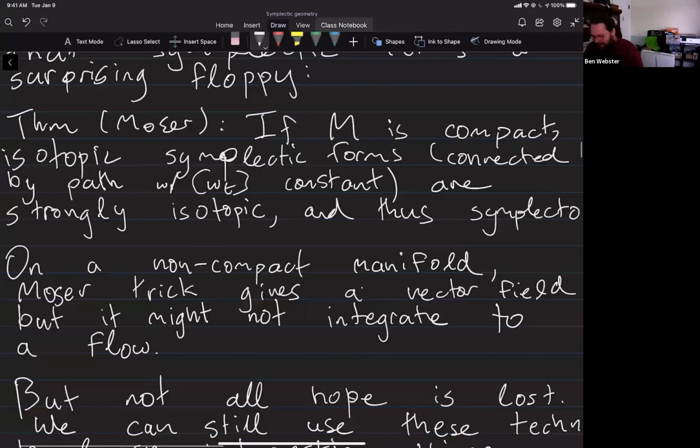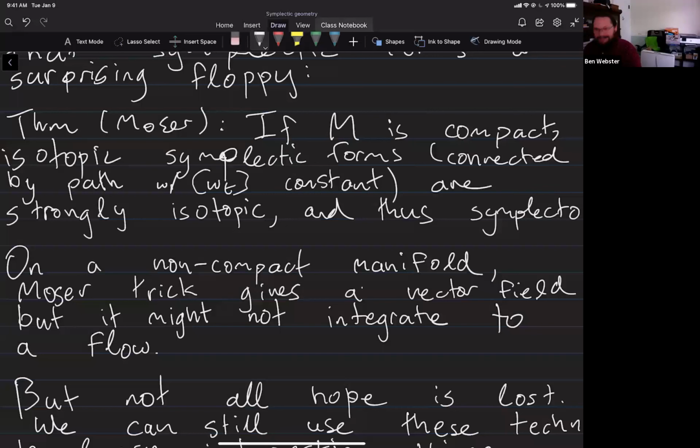So you can try to implement this idea on a non-compact manifold, but you're going to end up in trouble because you end up with a vector field that might not actually integrate to a flow. So basically you try to construct your symplectomorphism as some kind of integral, and your integral doesn't converge.